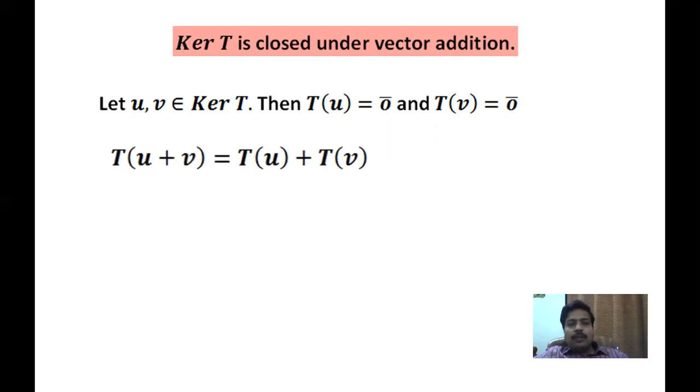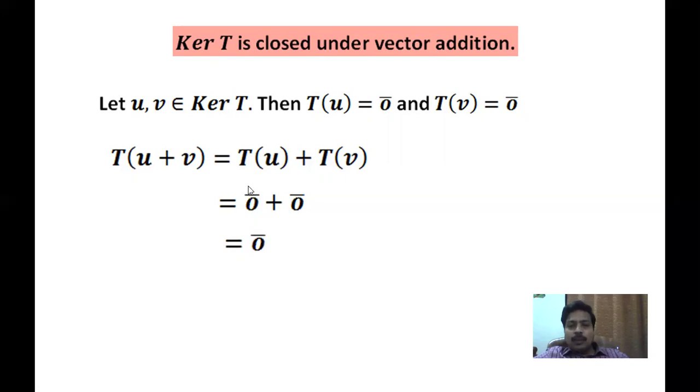So T of u plus v is equal to T of u plus T of v, since T is a linear transformation. T of u is equal to O bar, since u is in kernel T, and T of v is also O bar, that is equal to O bar.